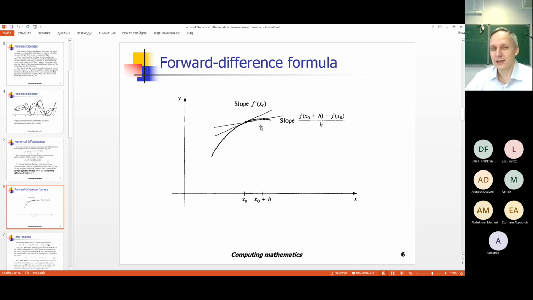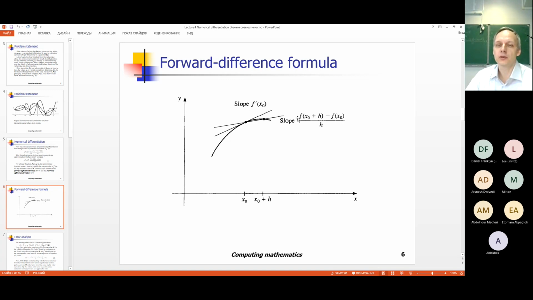Moreover, if I take this point closer and closer, that corresponds to smaller h, this second line will be closer and closer to the real tangent line.